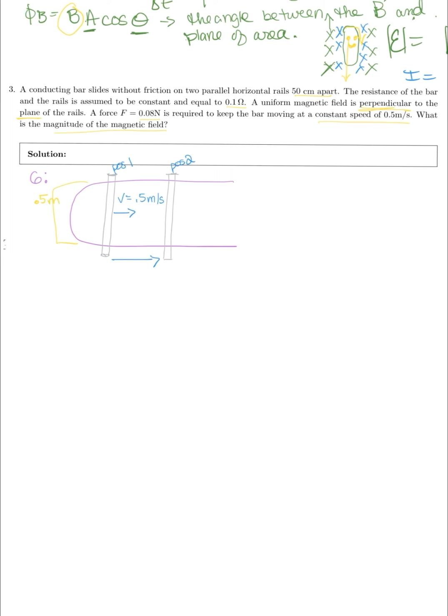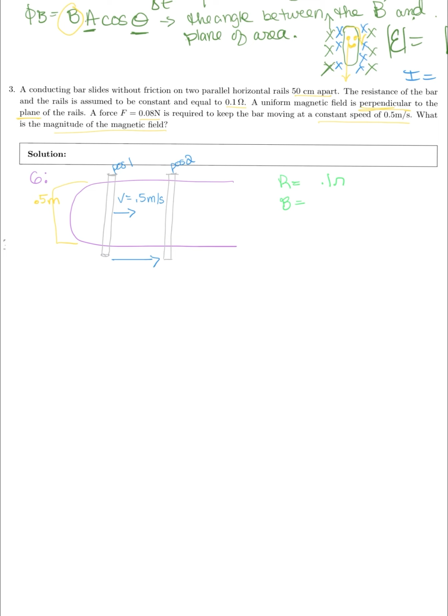And the resistance of the bar and the rails, R, equals 0.1 ohms. And then we have a uniform magnetic field, which is perpendicular.